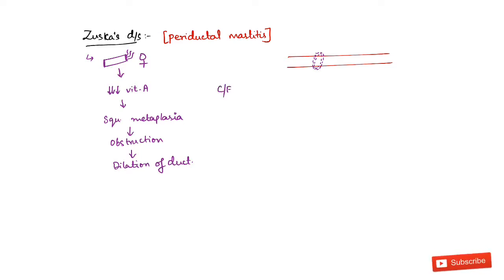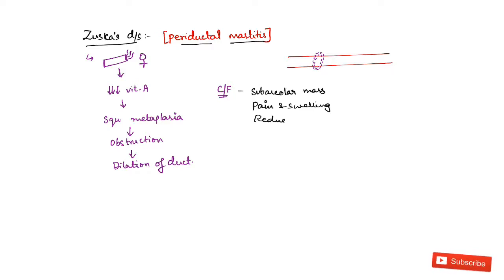So what are the clinical features of the disease? The clinical features associated with Zuska's disease are a subareolar mass, a mass present under the areola. As it is an inflammatory condition, the other name being periductal mastitis, there is pain and swelling, redness.